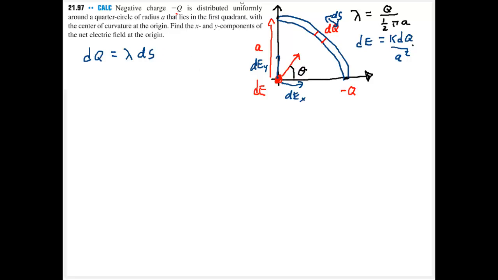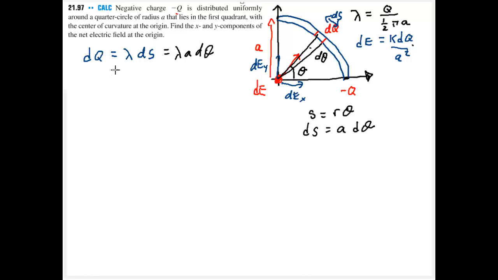And we also know that it's going to subtend some tiny little angle. We can call that d theta right there. And we know that, I always remember standing room only, s arc length is equal to radius multiplied by angle, or ds is going to be equal to the radius multiplied by d theta. So this is going to be lambda a d theta.